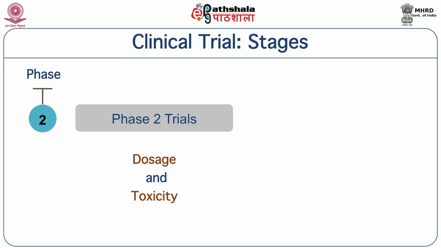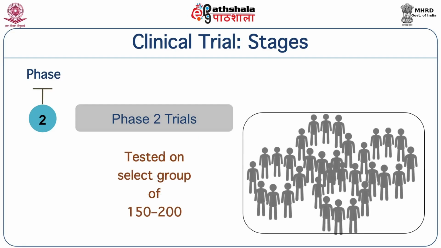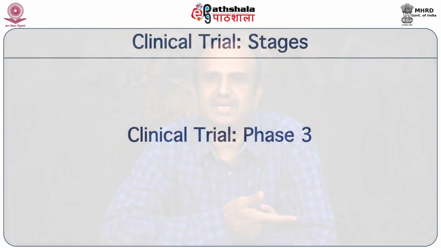In this phase 2 trial, the dosage and the toxicity of the drug will be tested on a select group, say 150 to 300 people. If that is permissible and the human responses are safe enough, then it moves on to phase 3 trials.